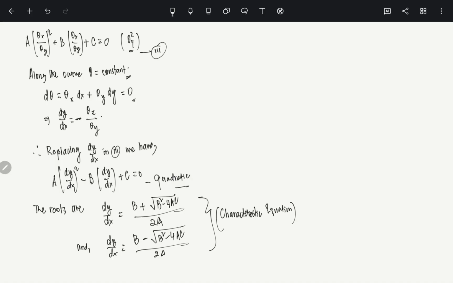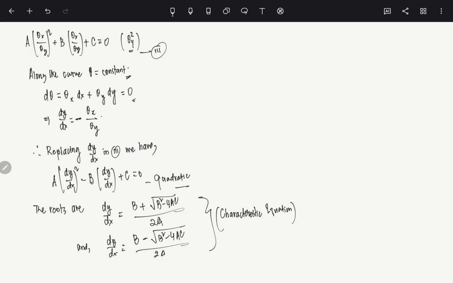There, if you remember, we got the characteristic equations along some particular integral curve. This is also a similar idea, but of course in a second order setting. So this is a characteristic equation, we call it like that.